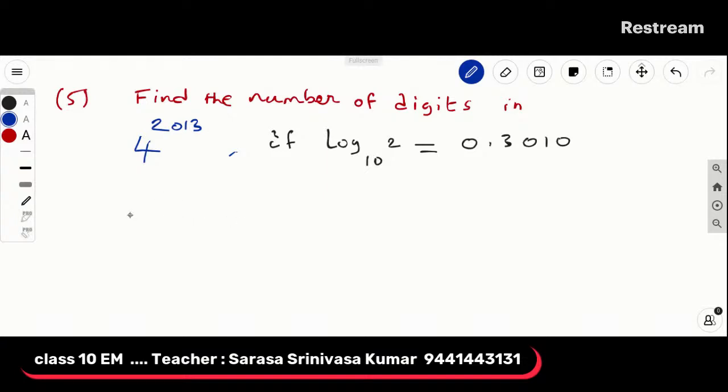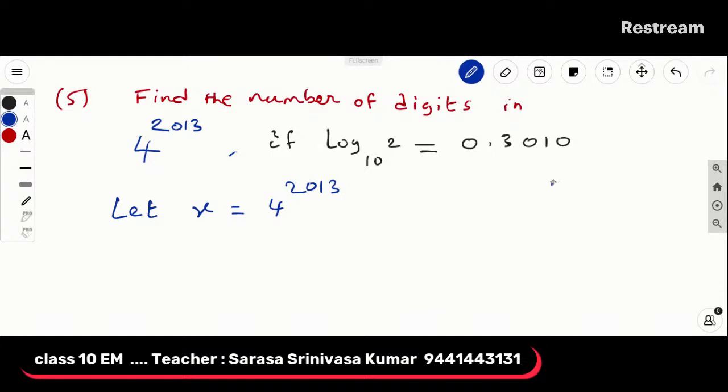Here we consider, or assume, let x equal to 4 to the power of 2013.